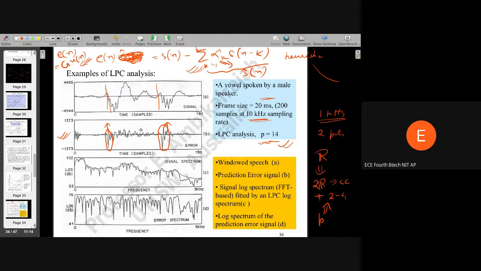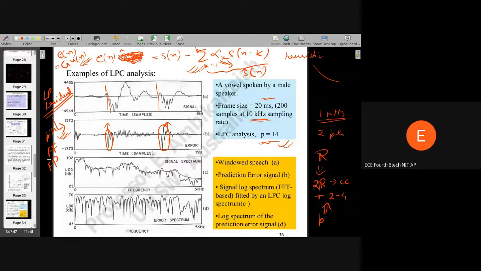Hence this error signal is a very important quantity. Using this error signal, people estimate the pitch of the signal. This is also called the LP residual. This residual signal helps in estimating the pitch, or fundamental frequency, or fundamental period of the signal.